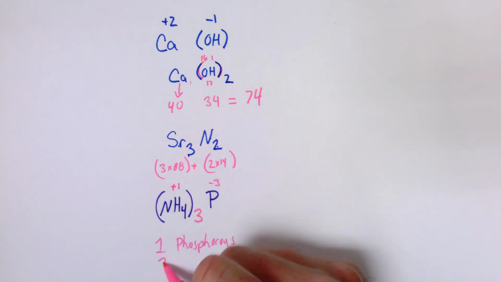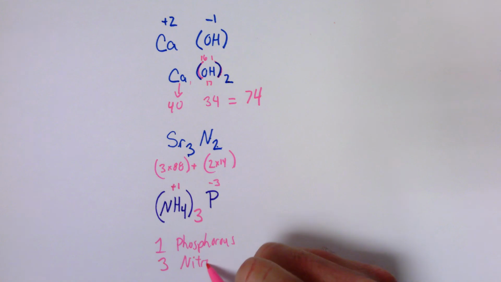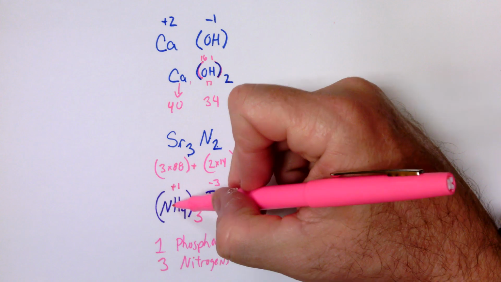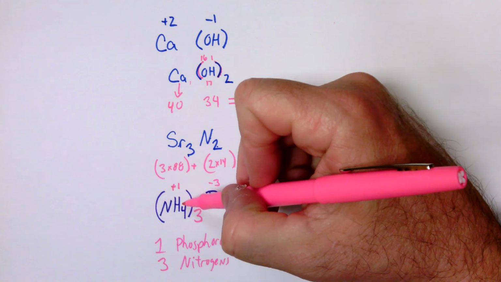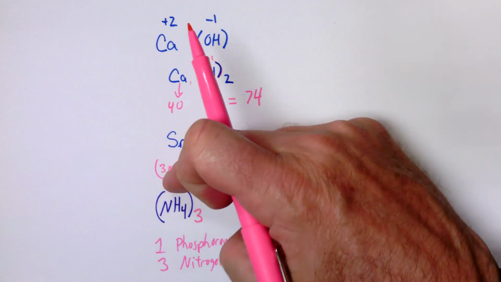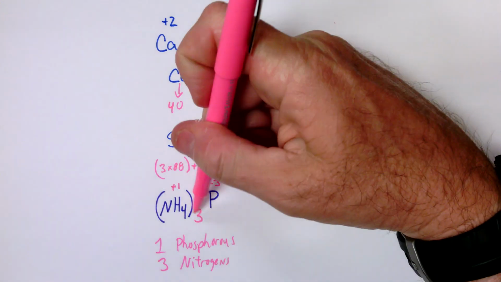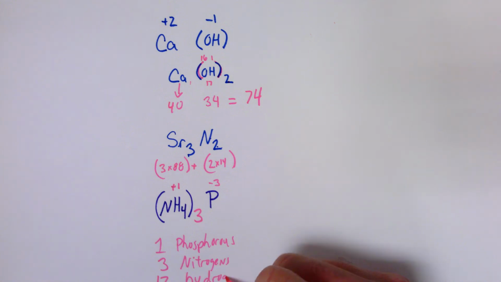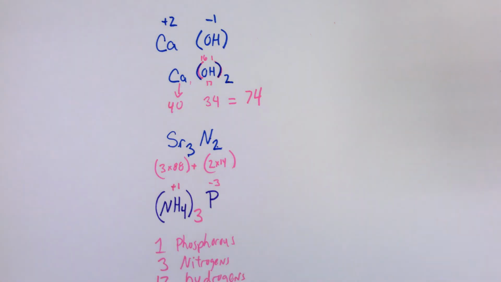So I have 3 nitrogens. Well, inside the parentheses, my ammonium is made up of 4 hydrogens. But I have 3 of this ammonium thing. So I have 3 times 4, I have 12 hydrogens.